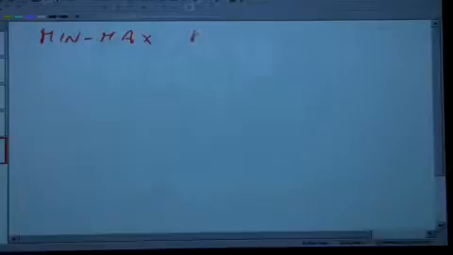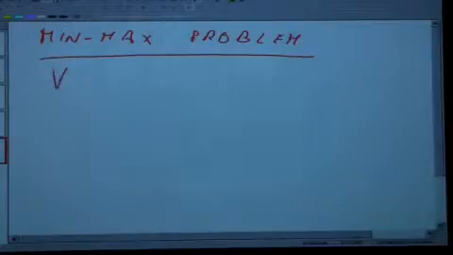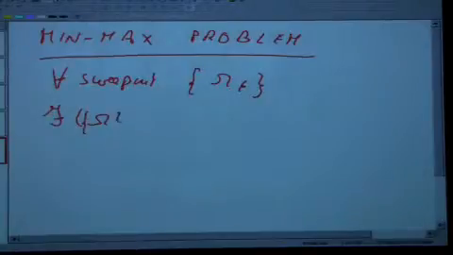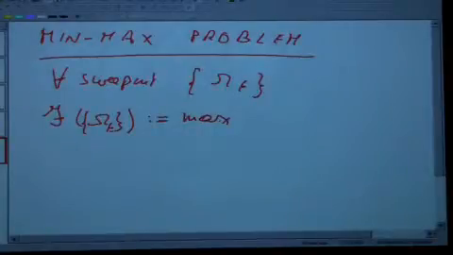For every sweep out, say omega t, I define f of omega t to be the maximal volume that I have in the family for the boundary of the set.